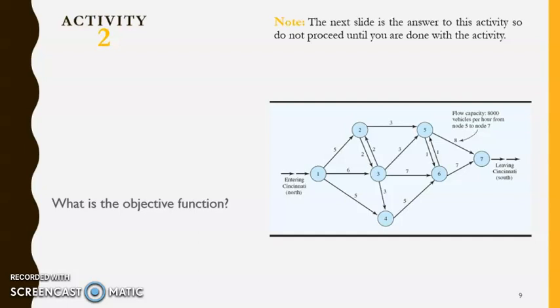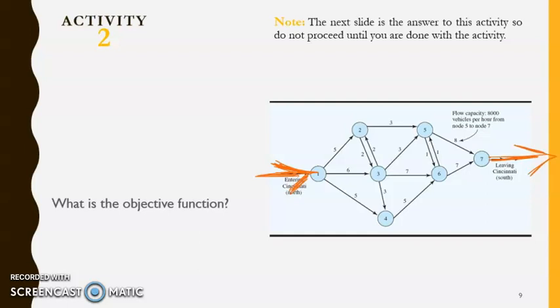So the objective function for this example is in fact maximizing this input flow, because the input flow equals this output flow. Makes sense?